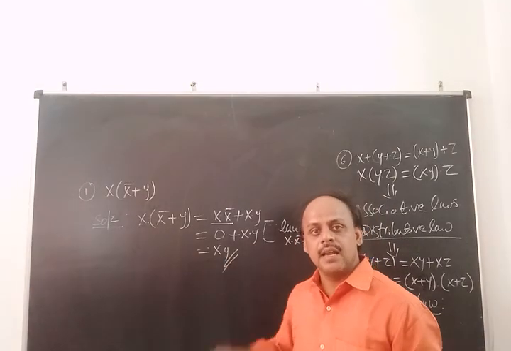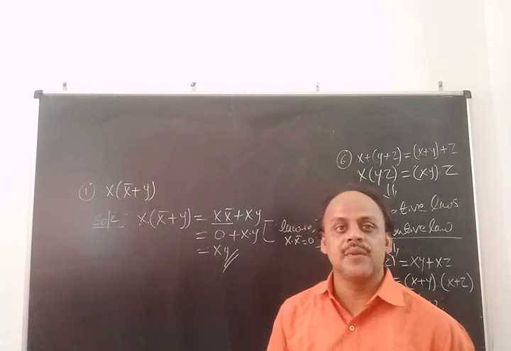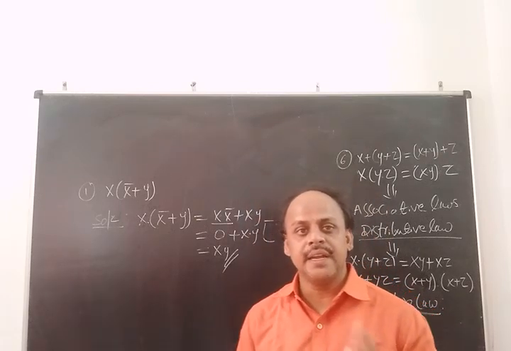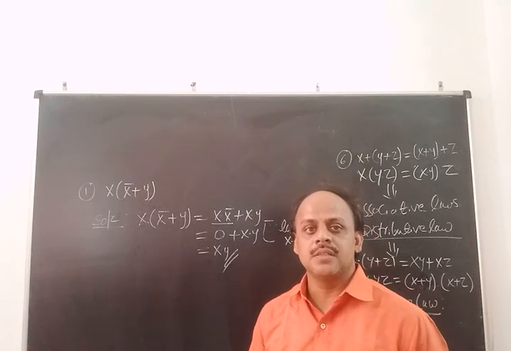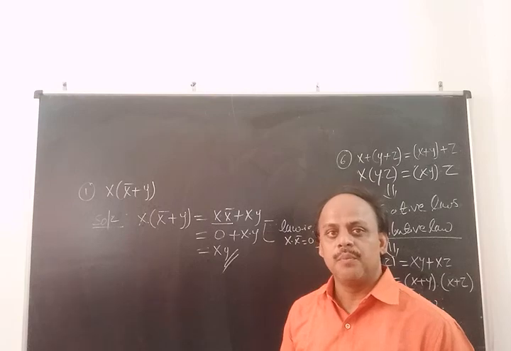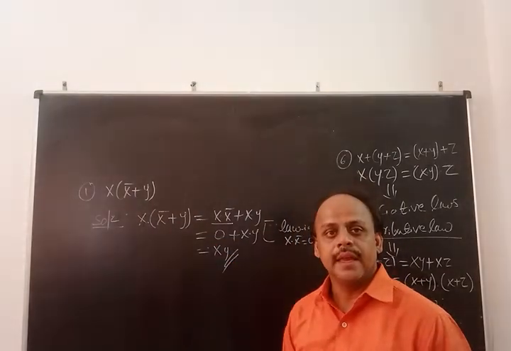So in the next class, we are going to minimize the given Boolean expression. That's why be ready with all the Boolean laws we discussed in the last class as well as this class.